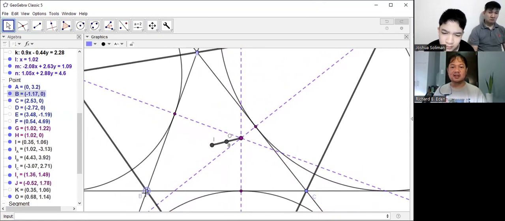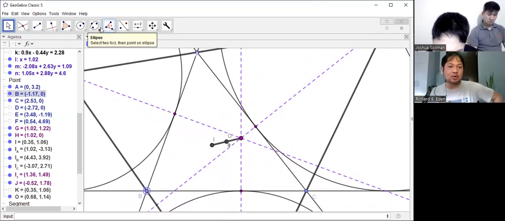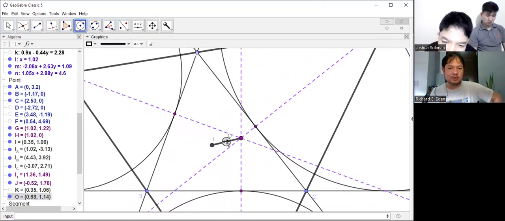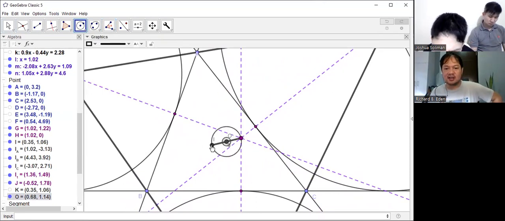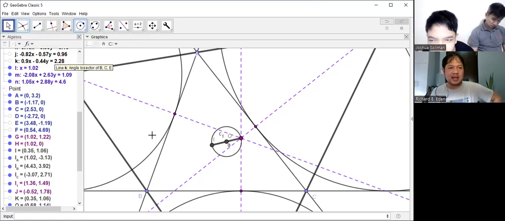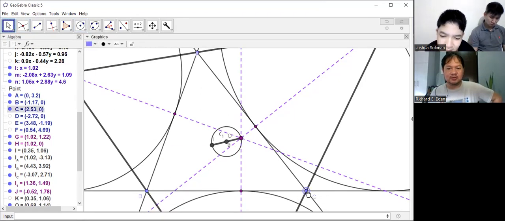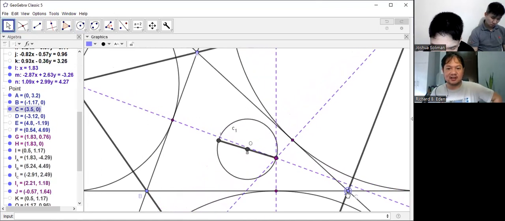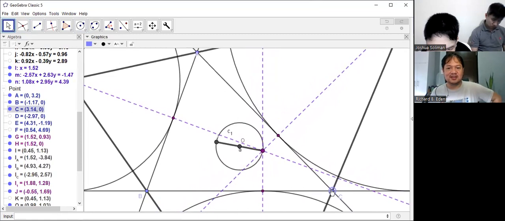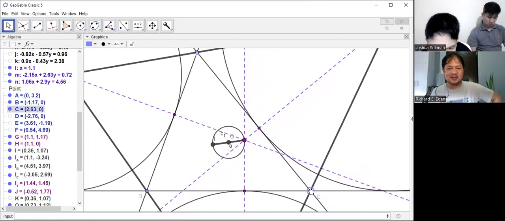And then are they related by a midpoint relationship? Is O their middle? So let's draw the circle through O, centered O, centered I, and all right, mukhang dadaan pa rin siya doon sa BEVAN point. However, we move some of the vertices. Okay. Quite interesting. Okay.